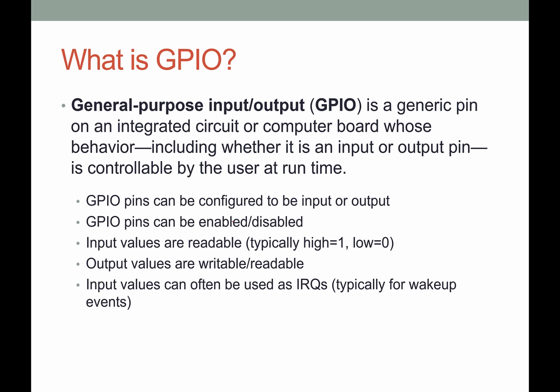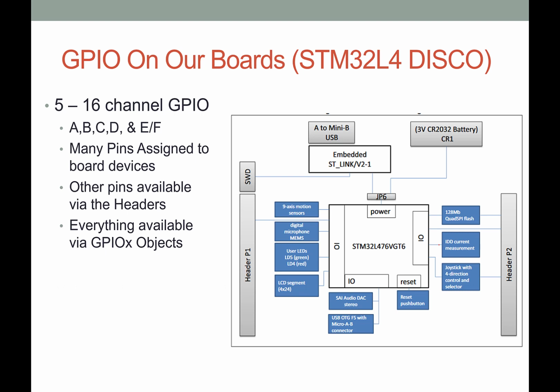You can see we can read them as highs or lows from inputs. Output values are writable or readable. They can be used as interrupts for wake-up events. We also can have analog as a function for our input outputs.